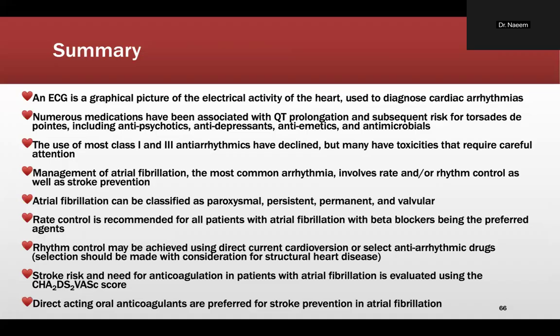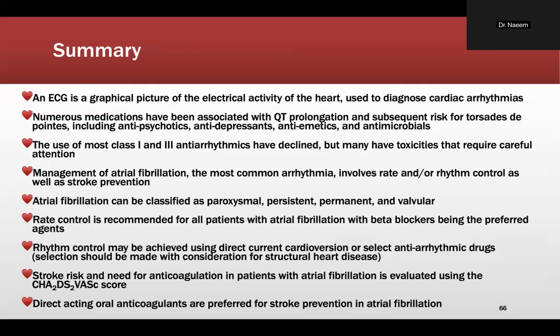A number of medications have been associated with QT prolongation and subsequent risk for torsades, including antipsychotics, antidepressants, antiemetics, and antimicrobials. Most class 1 and 3 antiarrhythmics have declined in use, and have a lot of toxicities that require careful attention, which we reviewed.